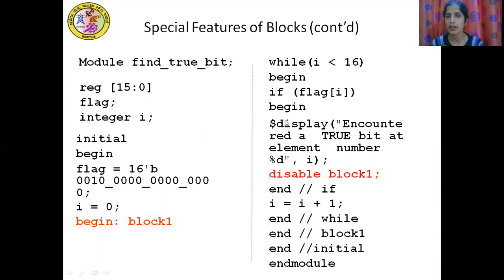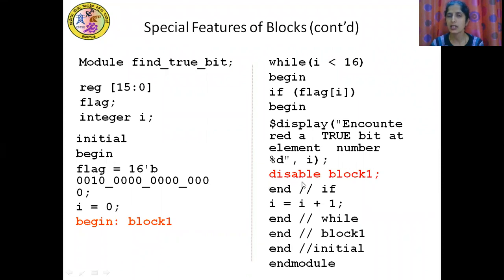We have written a statement $display encountered true bit at the element number, with the position of this one bit in flag given by the value of I. So once it encounters a logic high bit, this statement will be displayed.